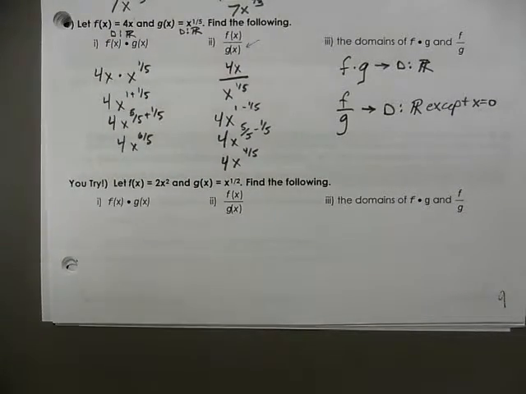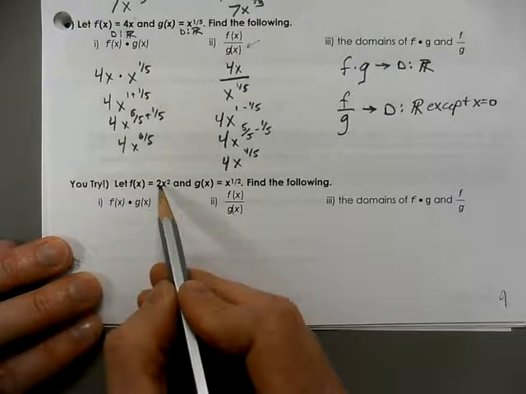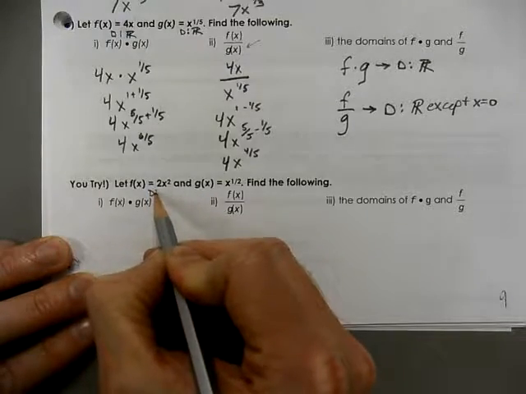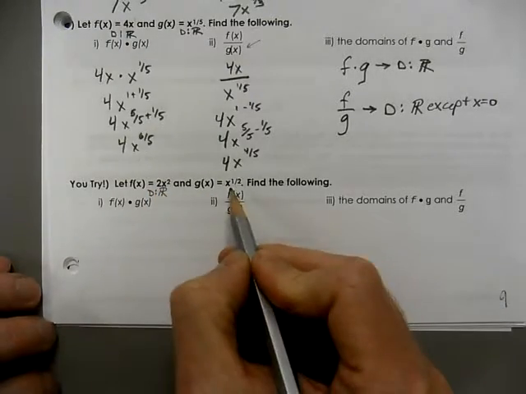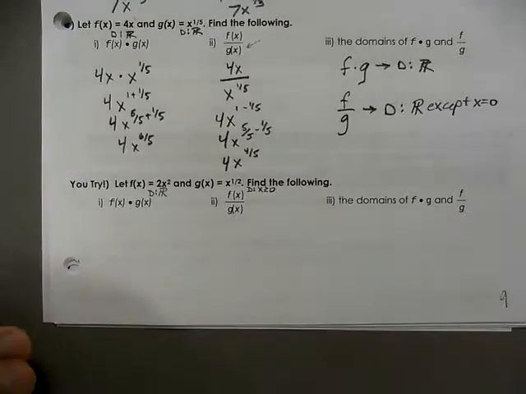Okay, you go ahead and try these. You can pause the video, try them out, and then turn it back on and see how you did. So we take our f function and the g function. The f function is a parabola, so the domain is all real numbers. The g function is a square root, so the domain is x is greater than or equal to 0, so non-negatives.